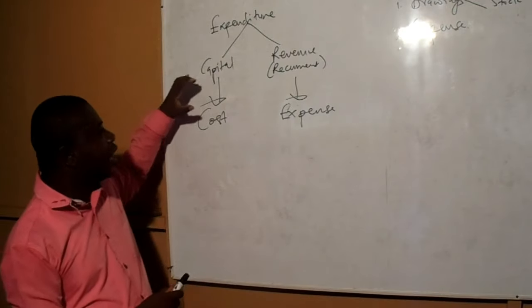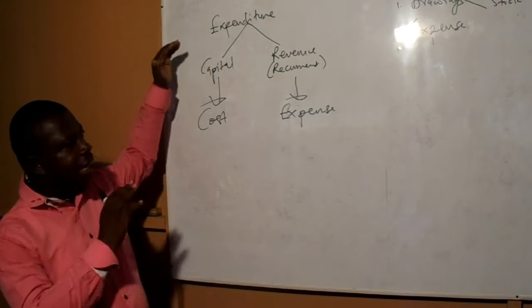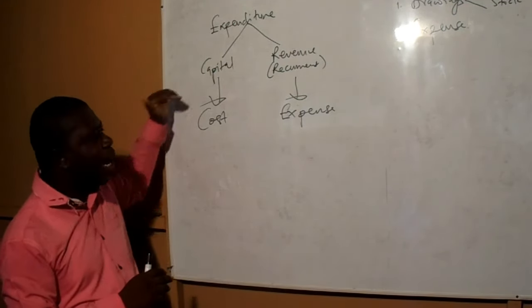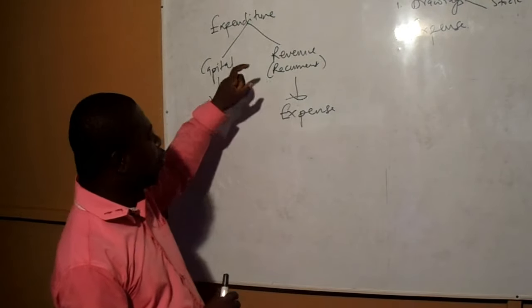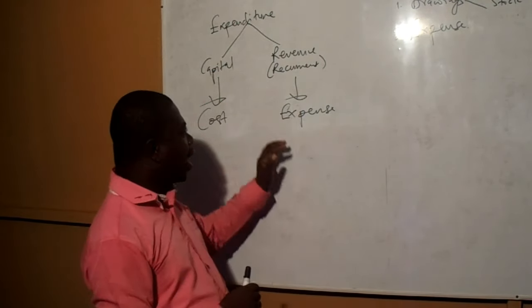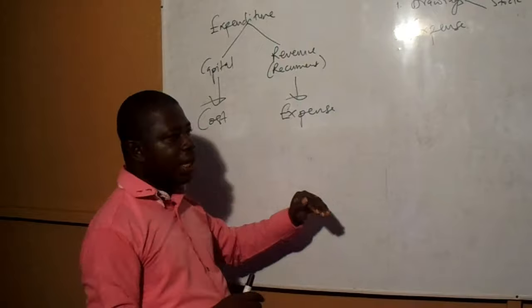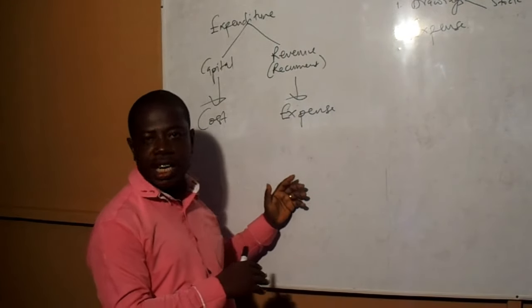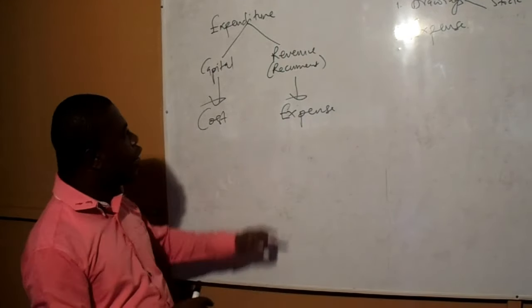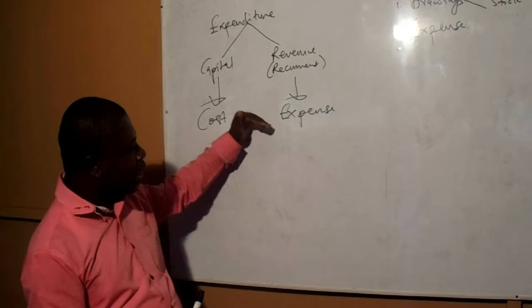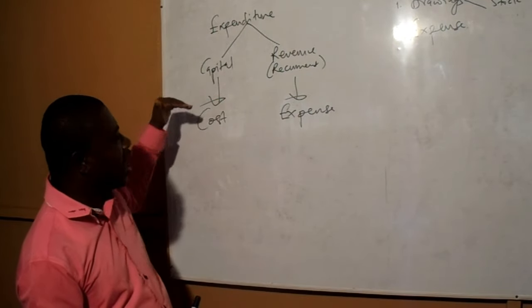And so capital expenditure items are usually recognized in the statement of financial position as part of non-current assets, whereas revenue expenditure items are just written off for the period in the profit and loss account as expenses. And so revenue expenditure is expenses, and then capital expenditure is cost.